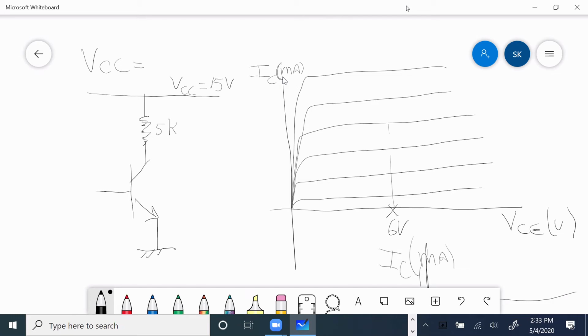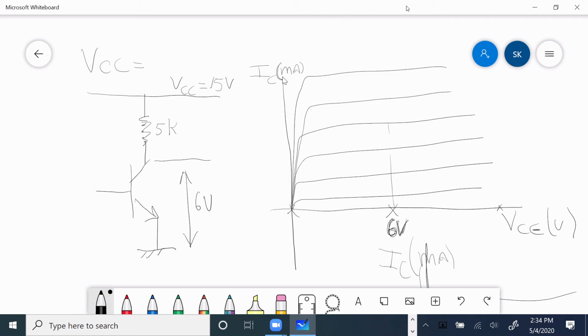I'm just saying the characteristic will tell me this somewhere in between, midway, 6 volt. That means the VCE voltage is 6 volt.